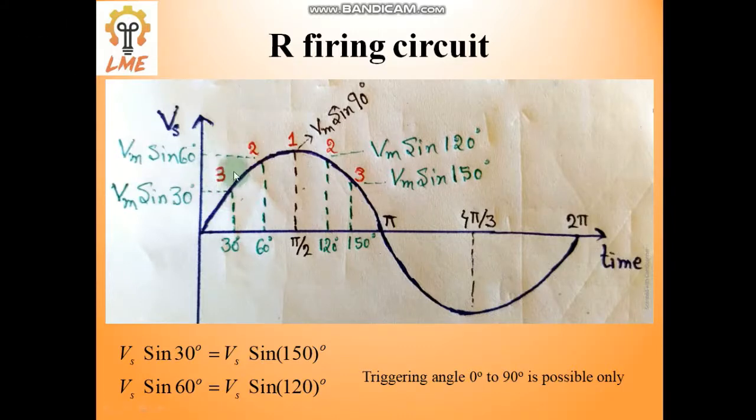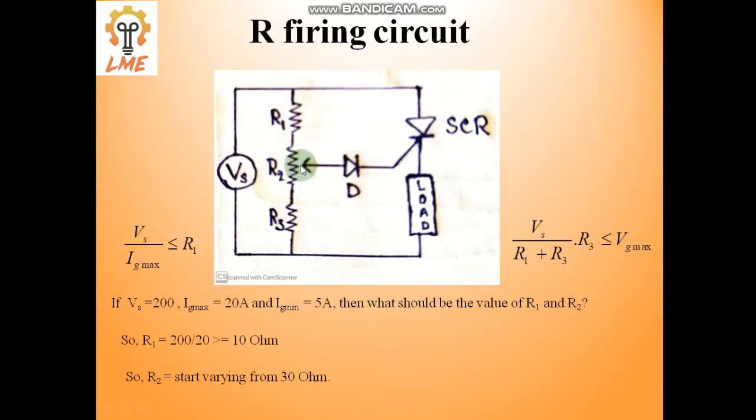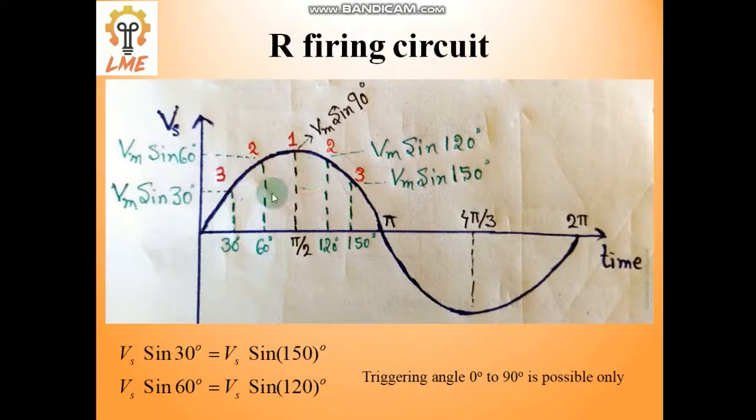So suppose we want to trigger the SCR at 30 degrees, then we have to set the position of R2 in such a way that it can provide 3 ampere current in the gate terminal. That is why it can trigger on Vm sin 30.